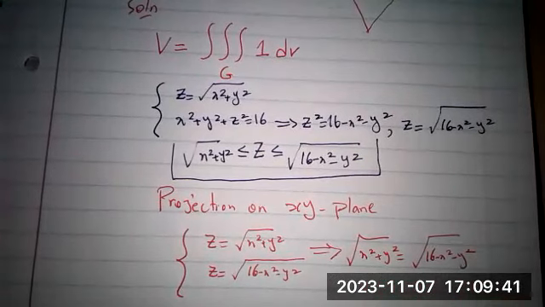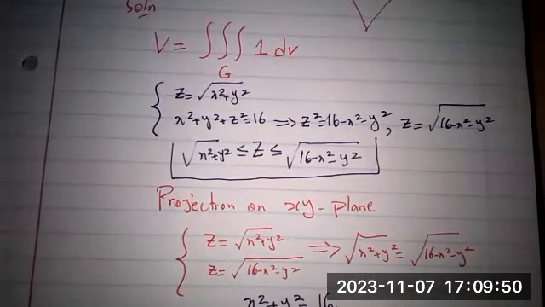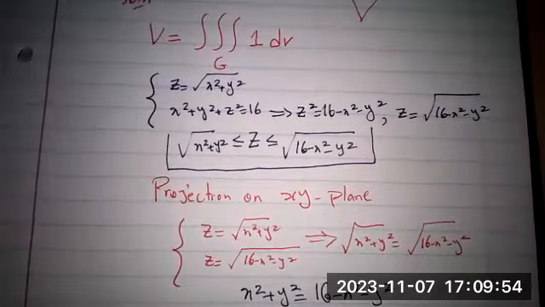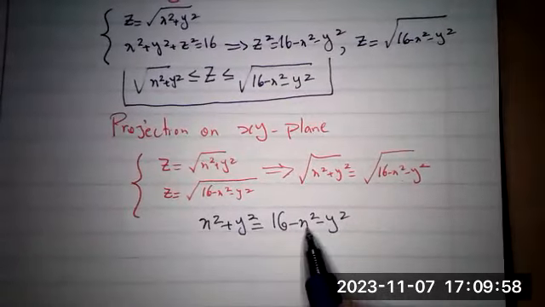Now, if you square both sides, that gives x squared plus y squared equal to 16 minus x squared minus y squared. Now you move them to one side to get the shape of this region.